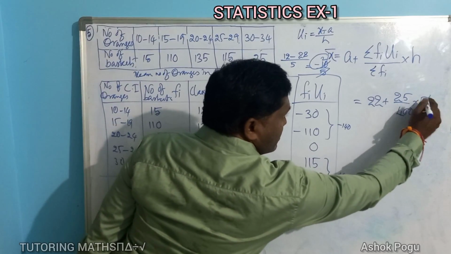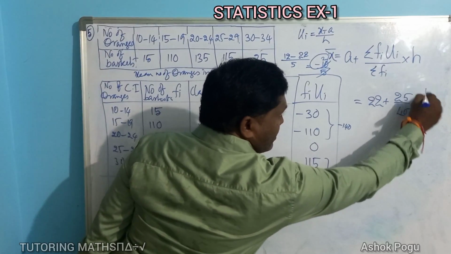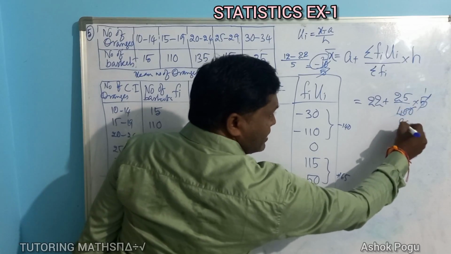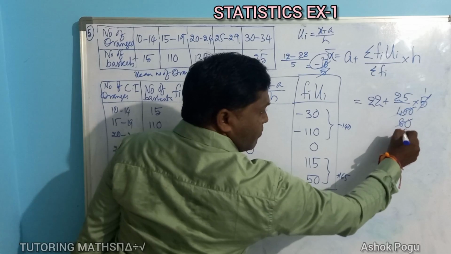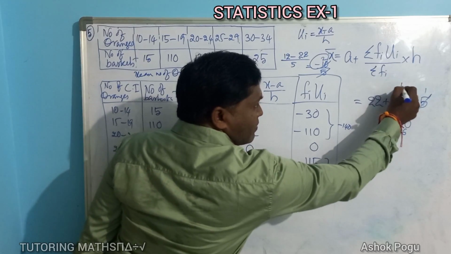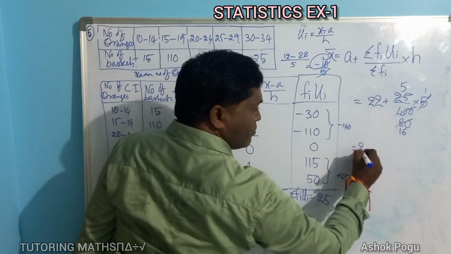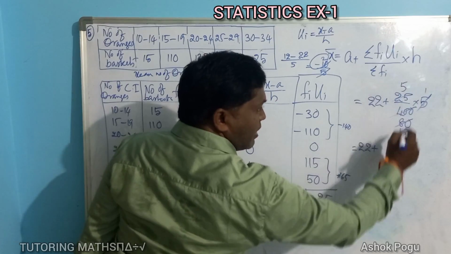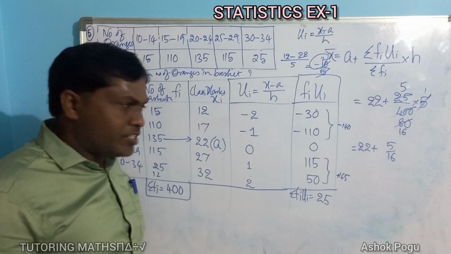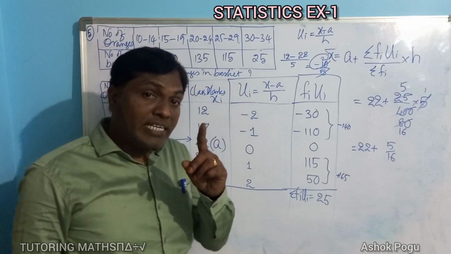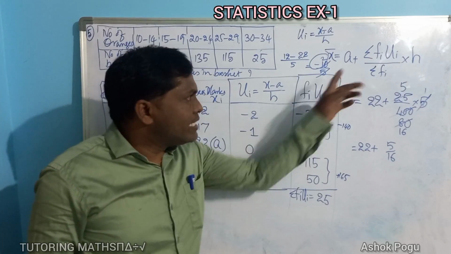Just divide it. Check the 5 table and cancel it. 5 ones are 5, 5 eights are 40. And again by 5 table, 5 ones are 5, 5 sixteens are 80. Finally we have 22 plus 5 by 16. We have that fraction. Always, please don't get confused. Most of the students get confused.